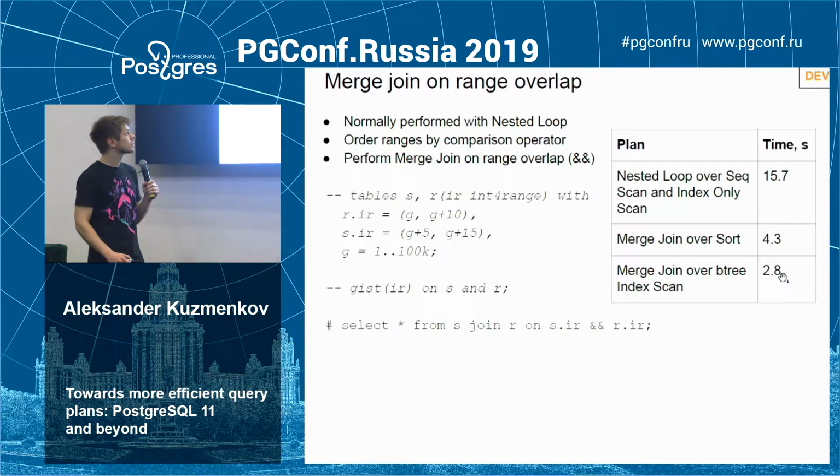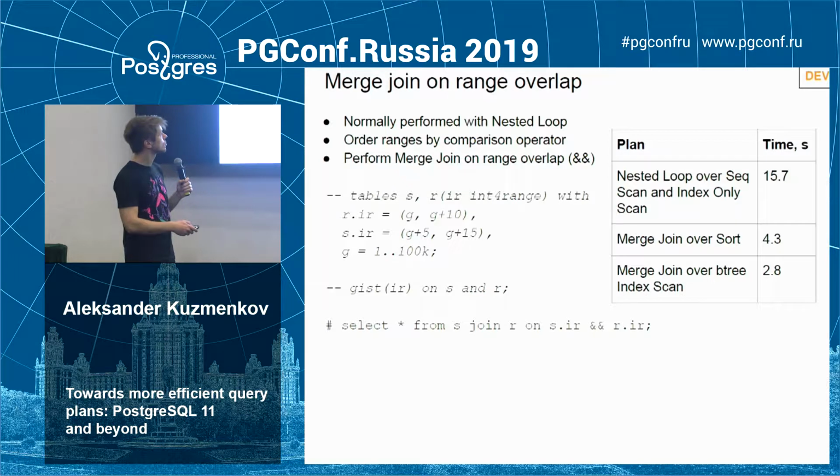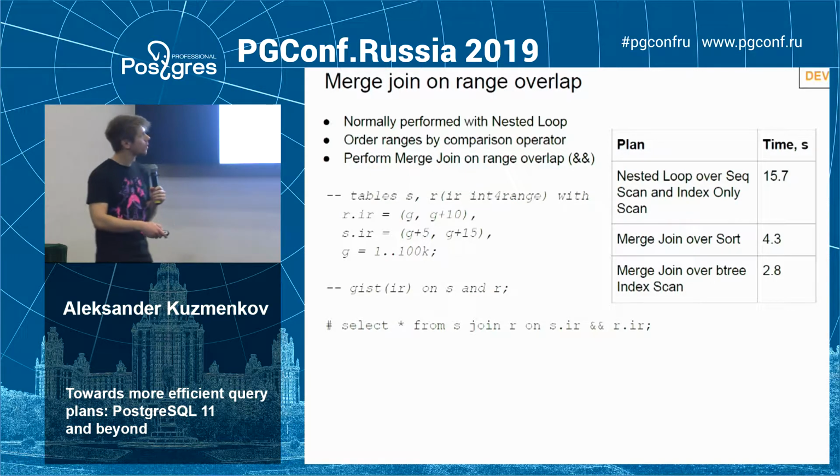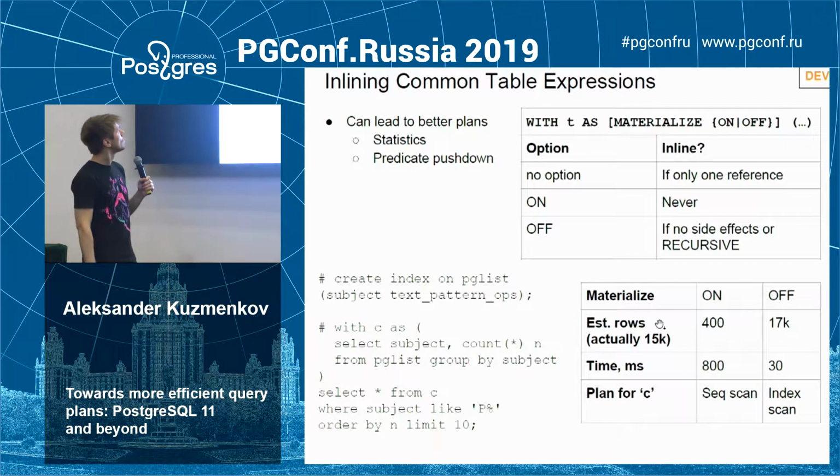If we have a B-tree index, it's even faster. But B-tree is not always helpful when it comes to ranges, and it's under development right now.